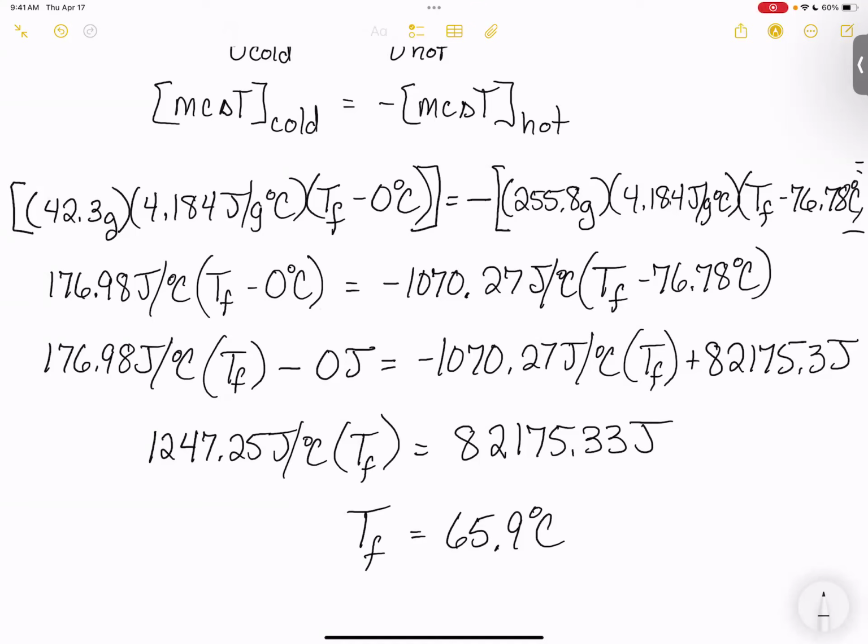I moved the negative 0 joules over to the right-hand side. Well, you move a negative 0, it becomes a positive 0, which in this case didn't matter. And then I divided both sides through by this 1247.25, which gives me just T final and gives me 65.9 degrees Celsius.